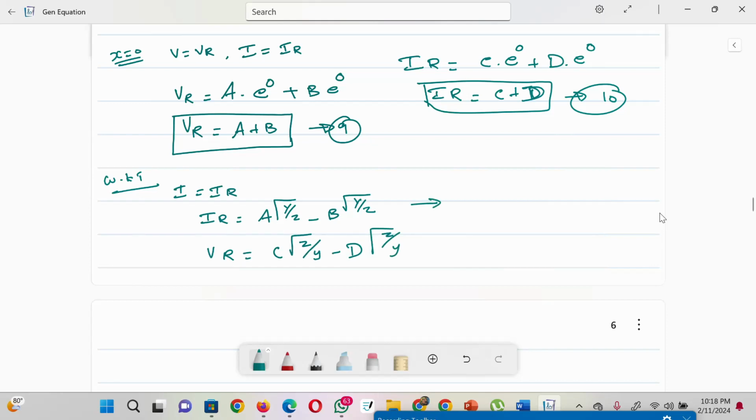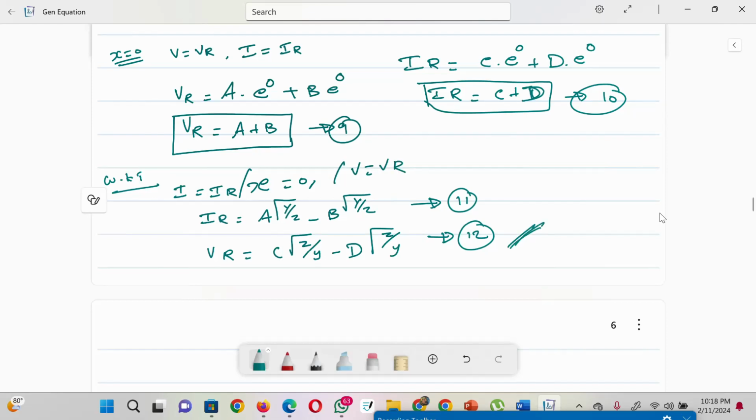These cases we consider as equation number 11 and 12. IR equal to 0 and x equal to 0. We can take I equal to IR, V equal to VR, x equal to 0, in equation number 11 and 12.